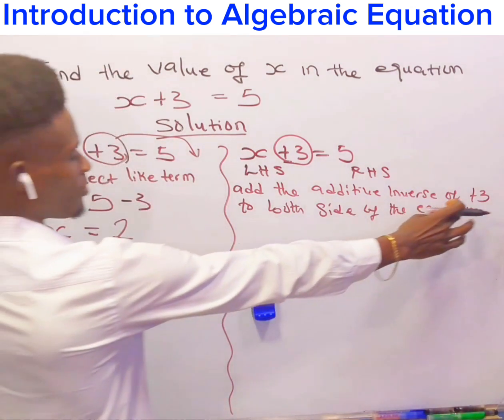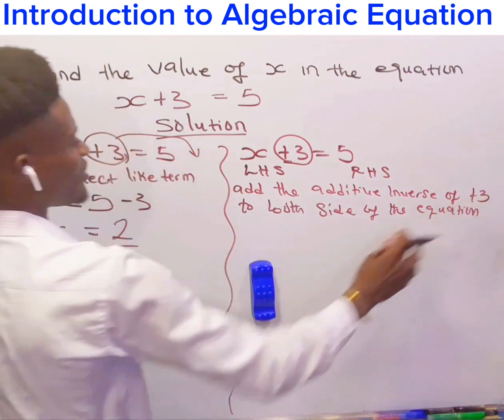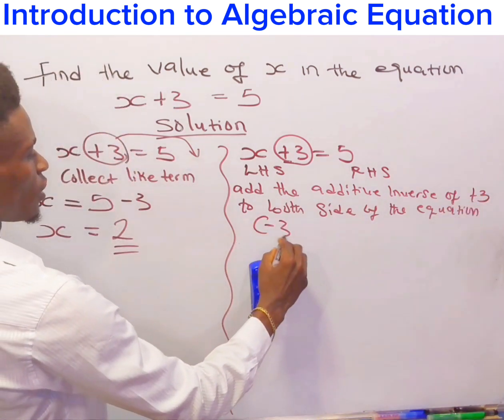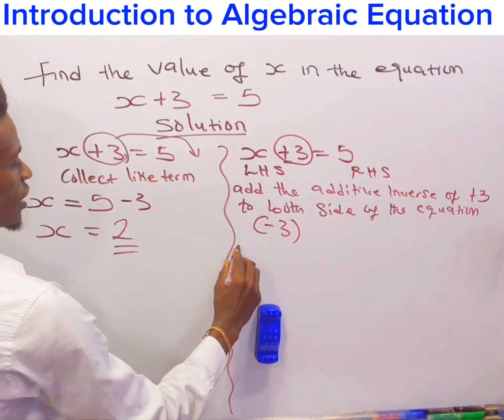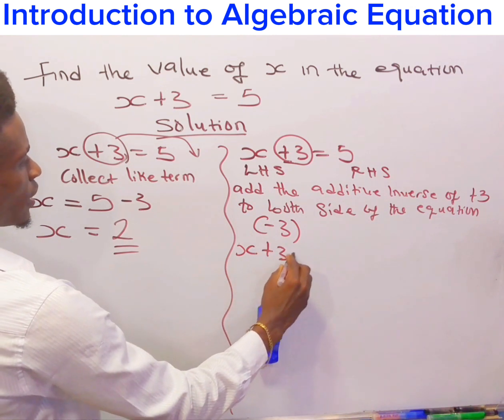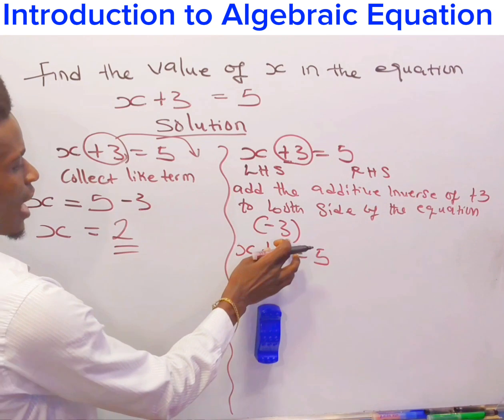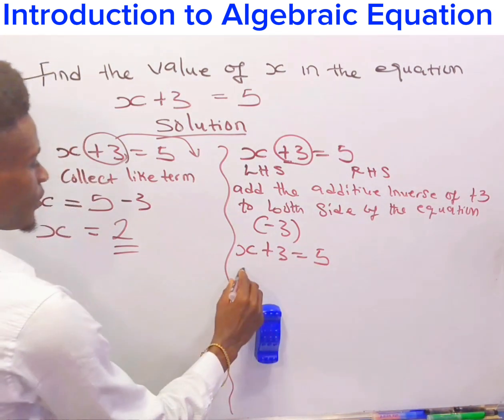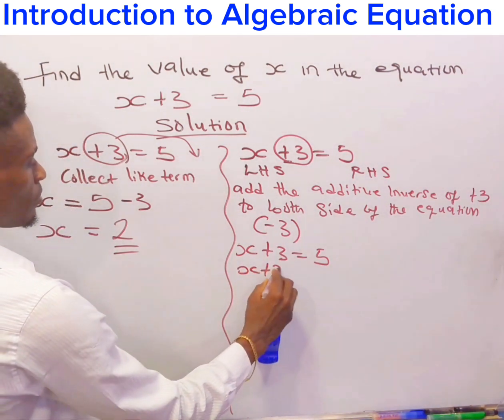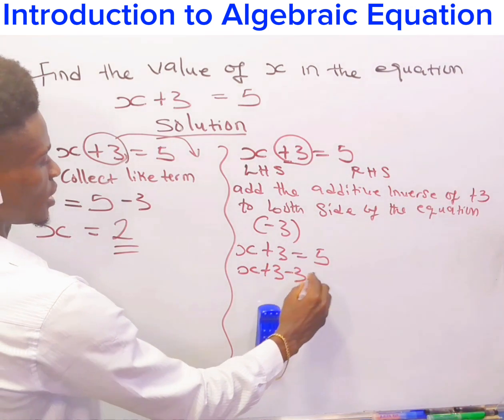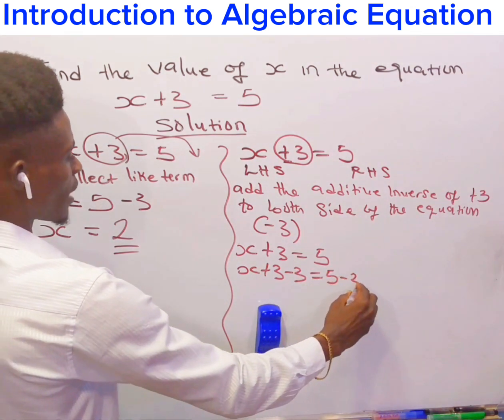What is the additive inverse of plus 3? Which is minus 3. Now the equation is x plus 3 equal 5. Add minus 3 to the left hand side, add minus 3 to the right hand side. It will now be x plus 3 minus 3 equal to 5 minus 3.